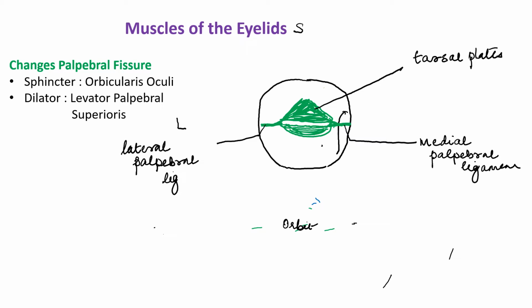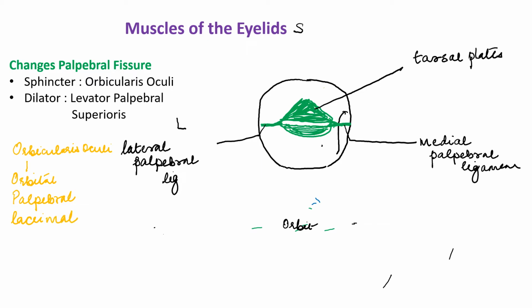Now, this muscle, the Orbicularis Oculi, is made up of three parts: the orbital part, the palpebral part, and the lacrimal part.